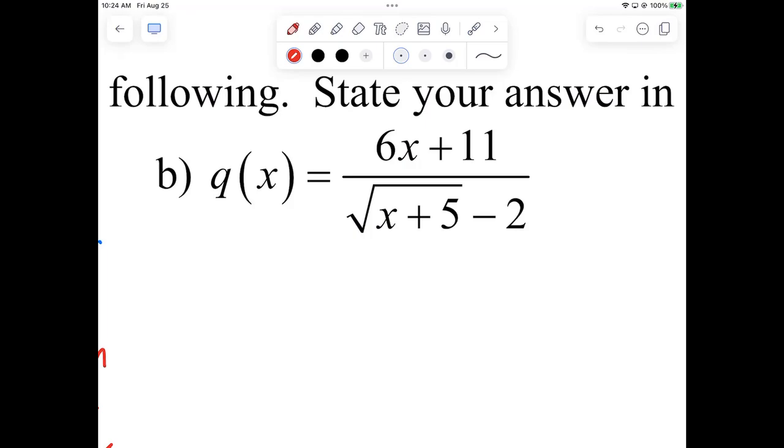So check the value that you get. It makes the denominator 0, and just make sure that it does, in fact, or not, make the denominator 0.